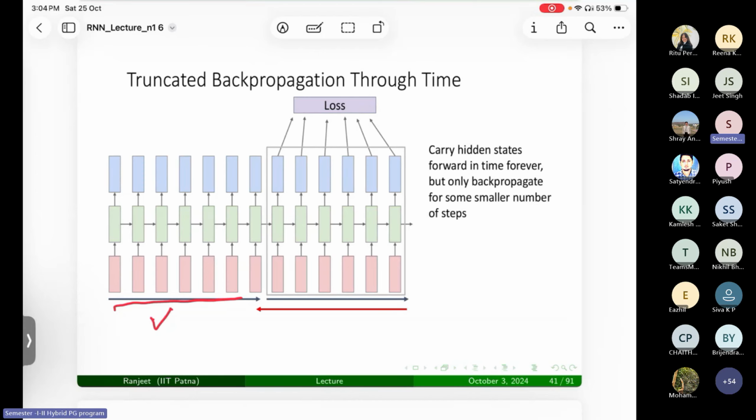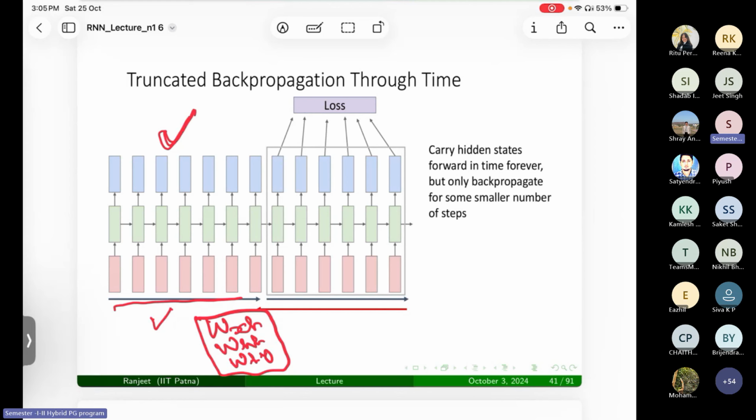Every n words will be processed, then we'll find the gradient, update the W, and go for the next n words. So now you have got WXH, WHH, and WHY updated by your backpropagation, your stochastic gradient descent.